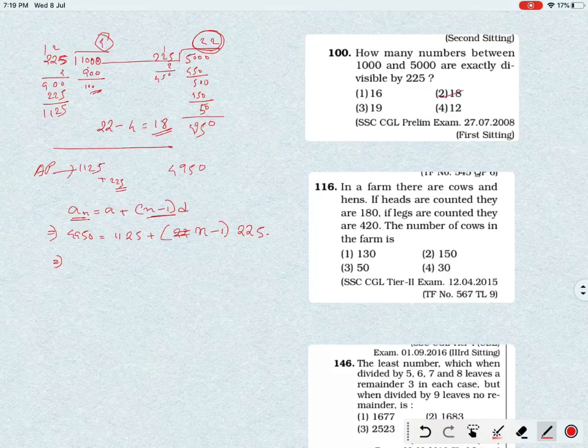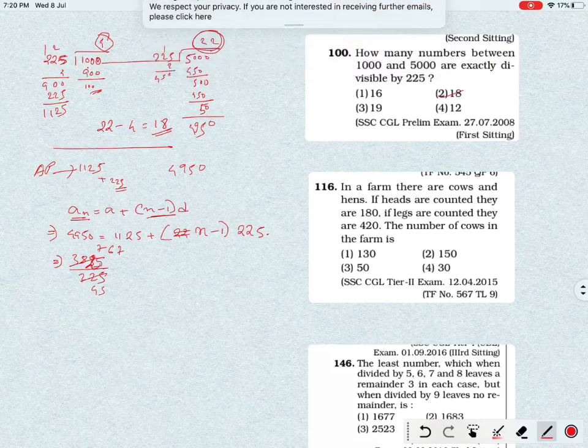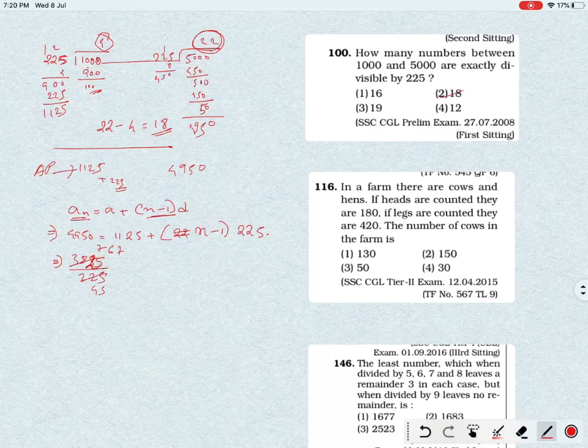So 4950 minus 1125 is 3825, divided by 225 gives 17. So n is equal to 18.